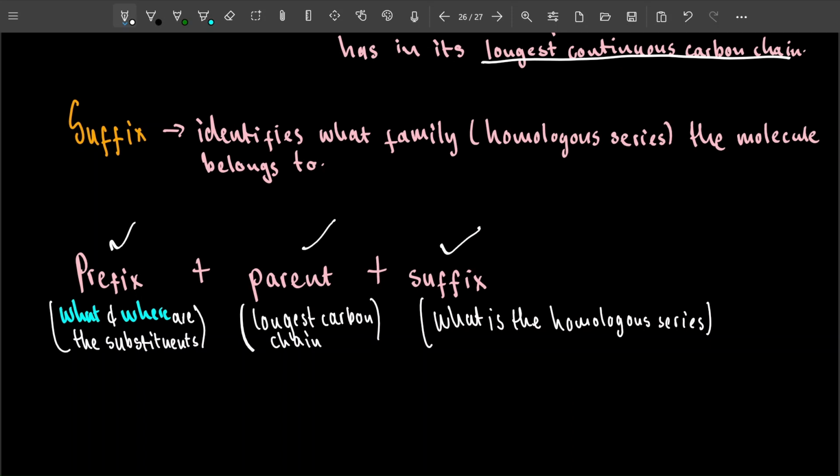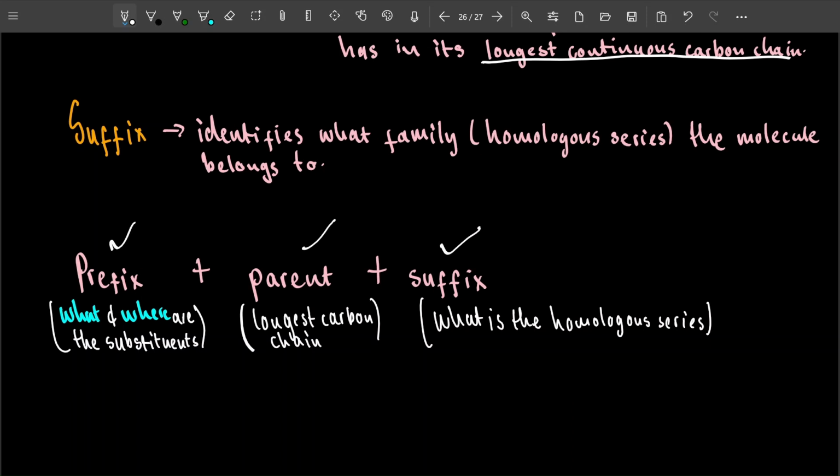It tells you what it is and where it is. Then what else do you need to know? You have to know about the parent or root name. And what do we use to know the parent name? The number of carbons in your longest continuous carbon chain.